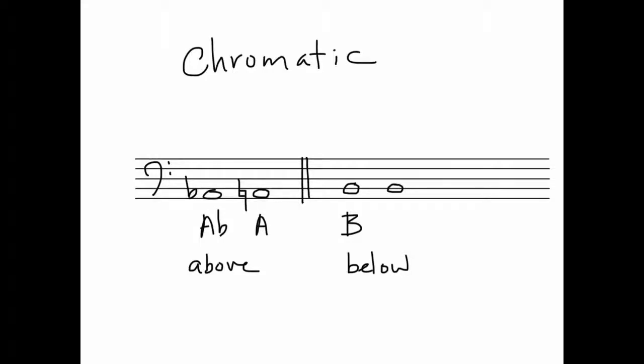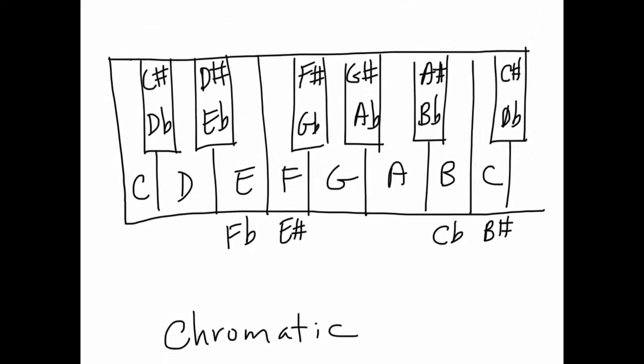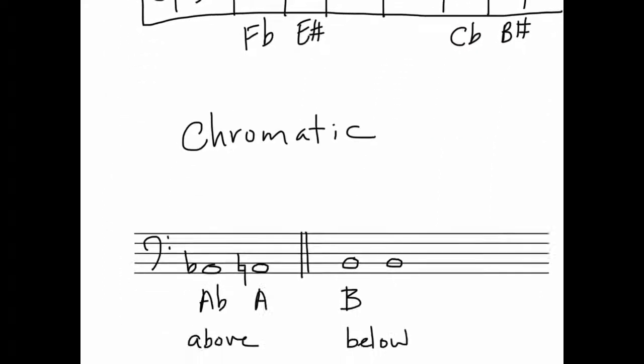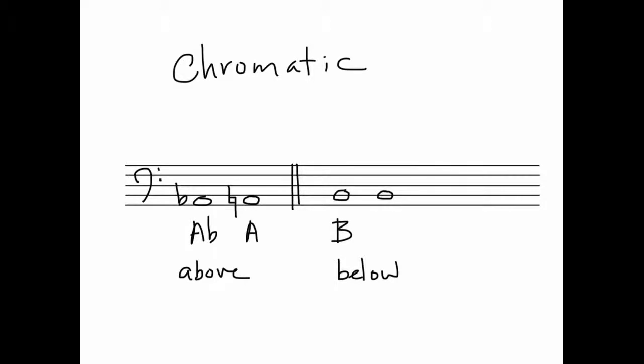So let's again look at our keyboard. Find the B. Find the key below it. Now we get to choose between A sharp and B flat, and we're doing a chromatic semitone, so we're going to use the B flat. And that's our answer.